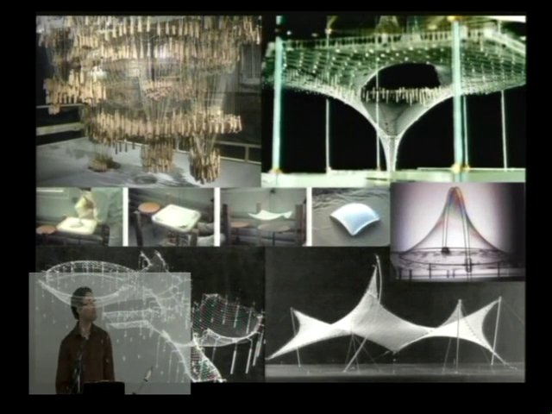Now, most of you here are probably familiar with ideas of form finding and the work of Gaudi and Otto and Heinz Eisler. And I think it's an amazingly powerful but simple idea that you can find a form by making it directly in response to the forces it has to resist.